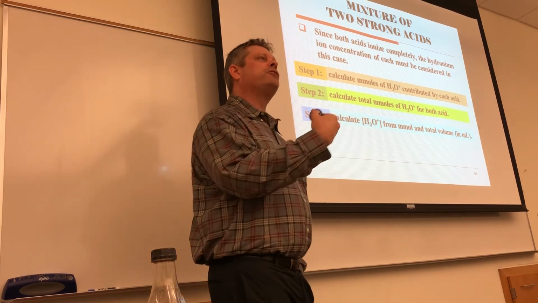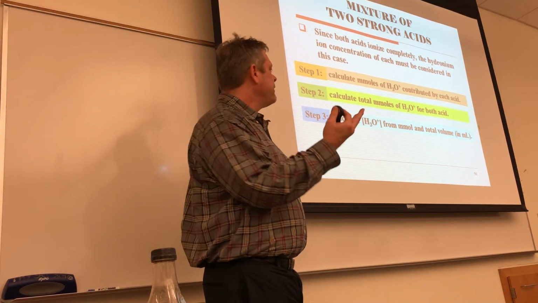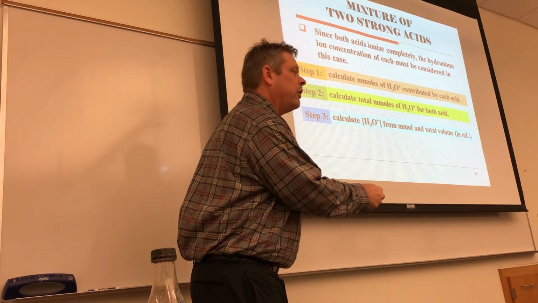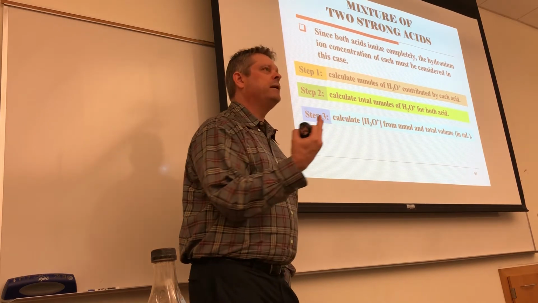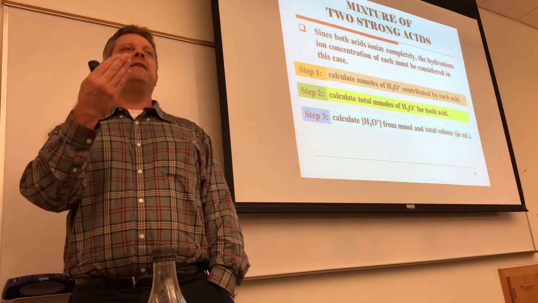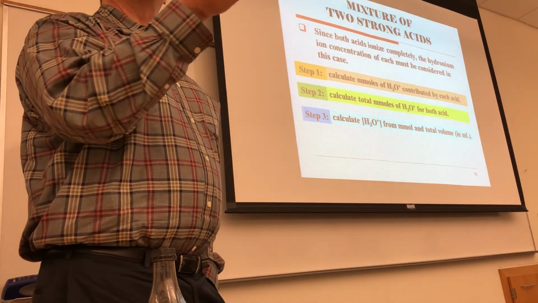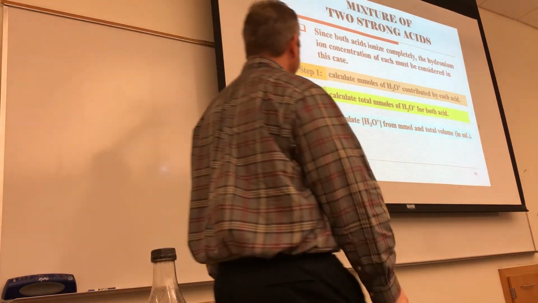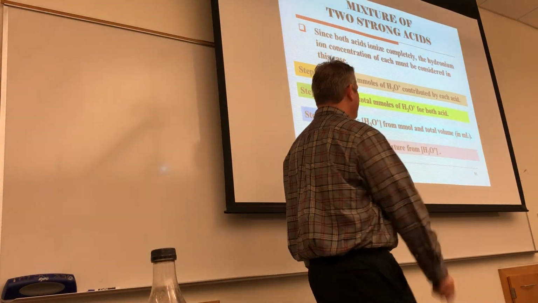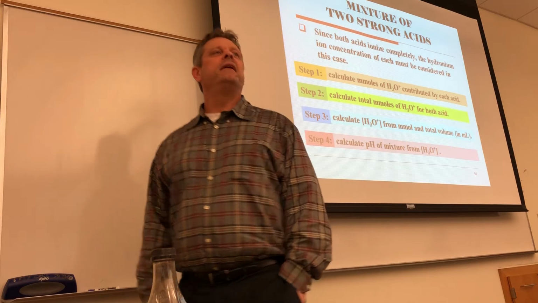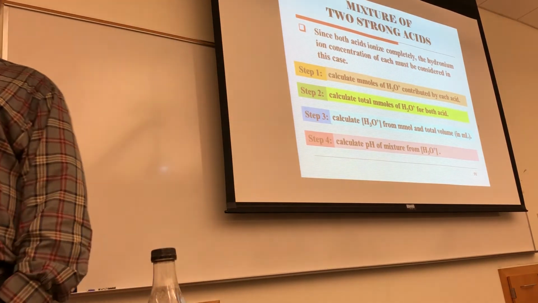You put those moles together, but you're dividing for the molarity by the total volume. Okay? No big deal there. Just make sure that you're taking the moles of each and adding them together, then you're putting them all with the same volume. Okay? And that's your concentration, and from there you find your pH. Negative log of that concentration.